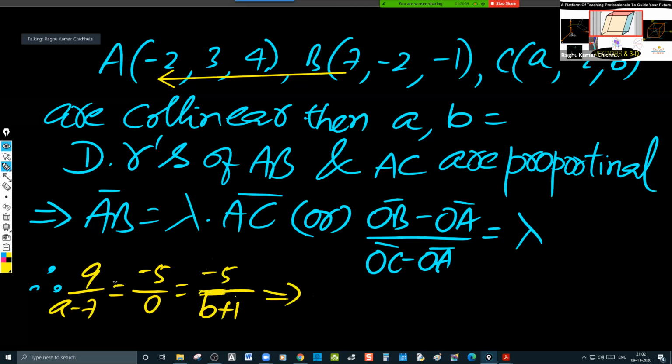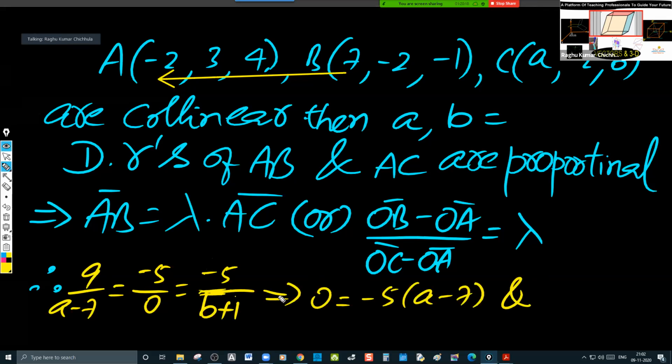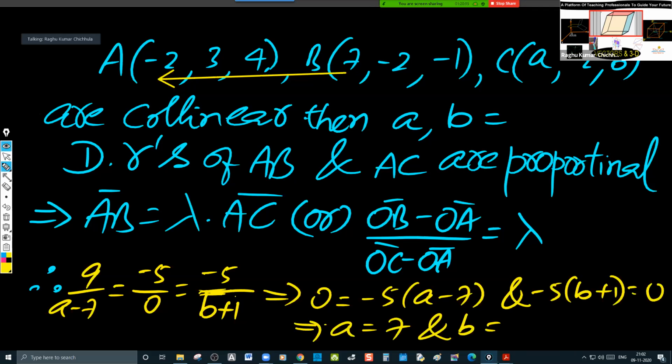Now cross multiply this. 0 is equal to minus 5 into a minus 7. And here also 0, minus 5 into b plus 1 is equal to 0. So a is equal to 7 and b is equal to minus 1.